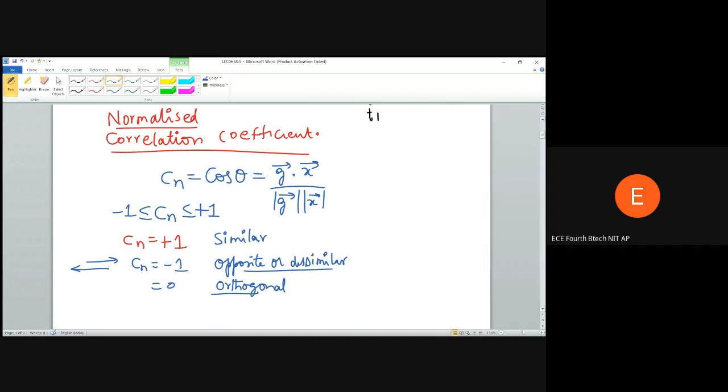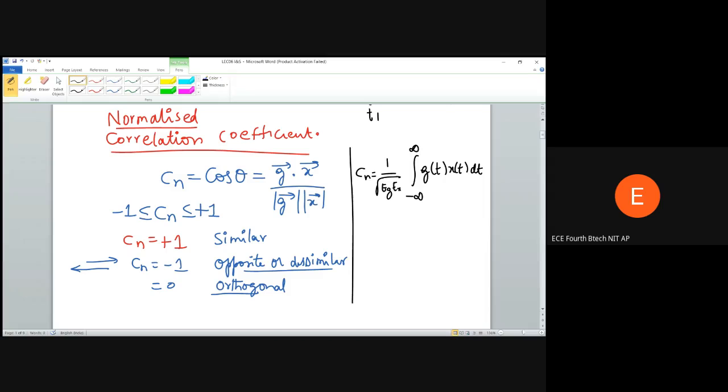Now, if you apply the same thing from the signals perspective, you are going to have a similar equation. Cn is equal to 1 by root of Eg Ex, the energy of the signals, times the integral from minus infinity to infinity of g of t x of t dt.